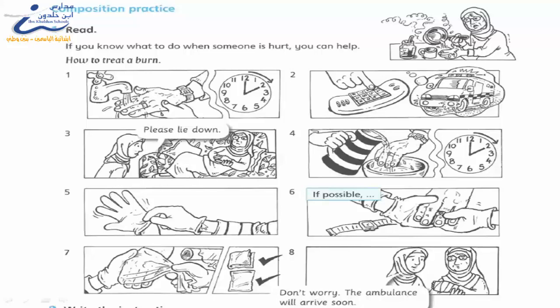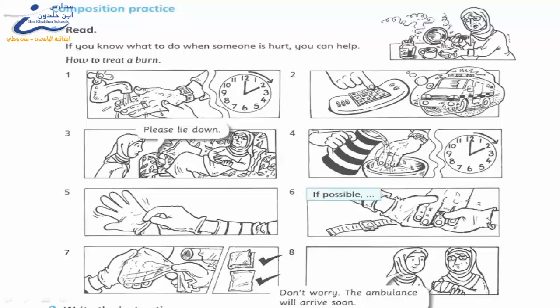Number 5, she's wearing gloves, or you can say she's wearing disposable gloves. Number 6, if possible, if you can, she is trying to remove the watch, the ring, and she is wearing the gloves.